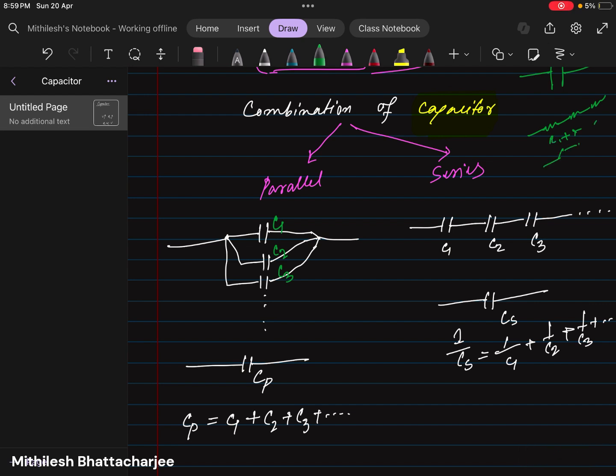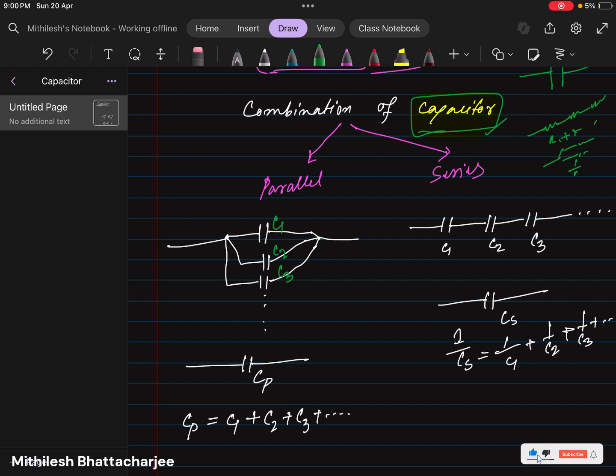In case of the parallel combination of the resistors, we put 1 by R is equal to 1 by R1 plus 1 by R2 plus 1 by R3. In case of the capacitor, just opposite, just put the opposite formula for the capacitor.